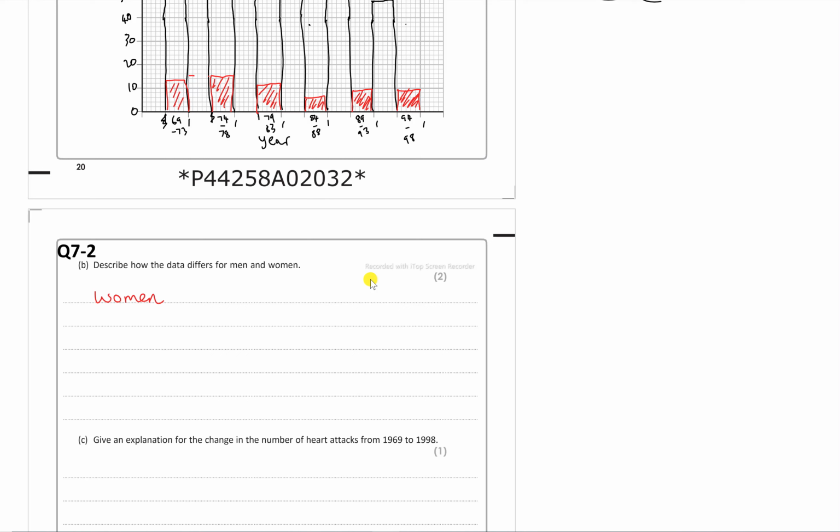Women have much less heart attacks than men. There you go.